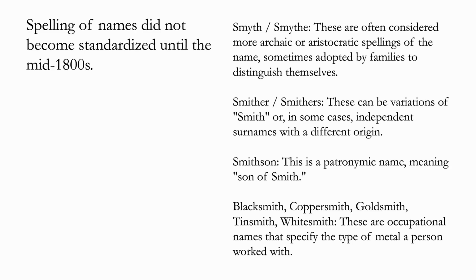And Smithson, Robertson, Albertson, go down the whole list of sons. All those names go back to patronymic spellings, which means they're not unique in any sense of the word. Because every time a person was named Smith, the male child would be named Smith's son.